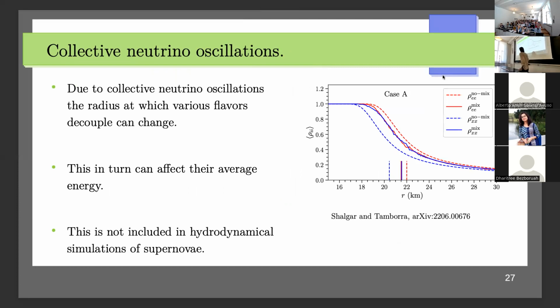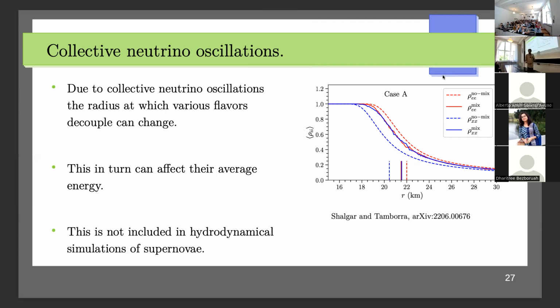So what happens when we take this into account? I was talking about the radius of decoupling and the energy of the neutrinos being determined by the radius at which the decoupling happens. But that was assuming that neutrino flavor is not changing.